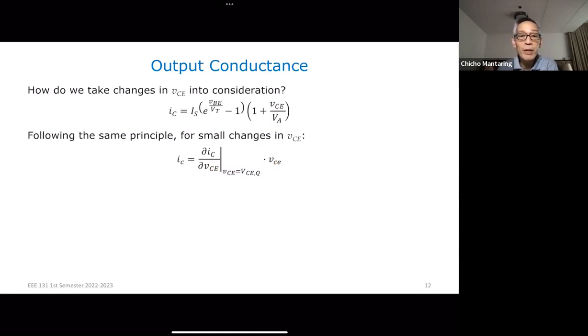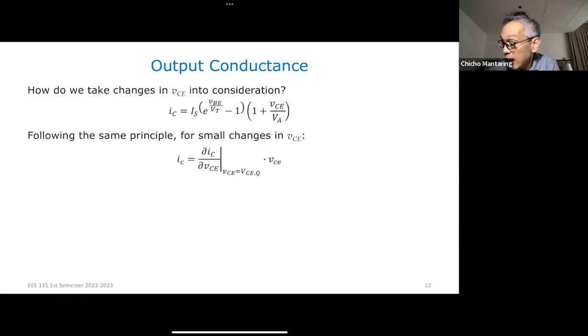So exactly the same principle. Ang binago na lang natin is what slope we get. So the slope that we're getting now is the slope of IC with respect to VCE, and then we multiply that by the change in VCE.